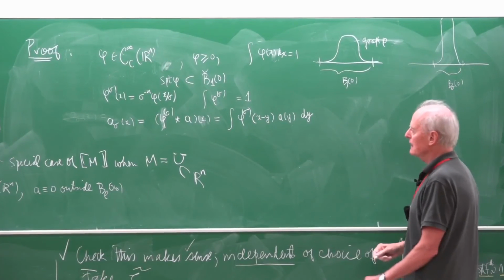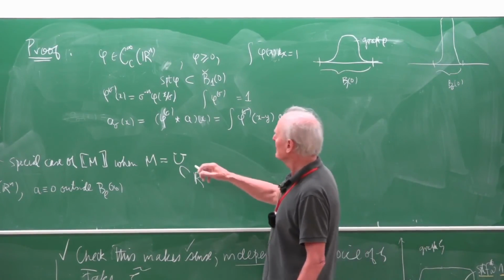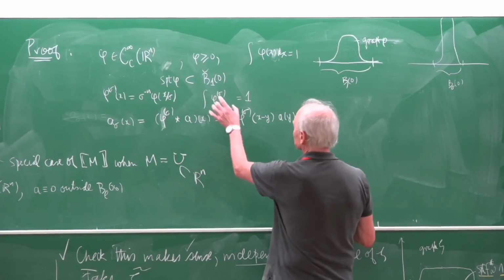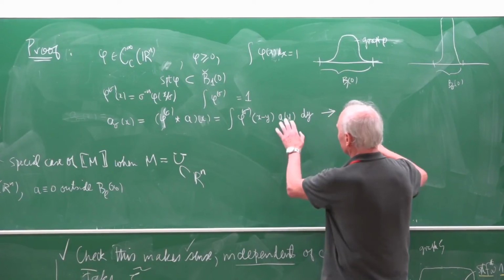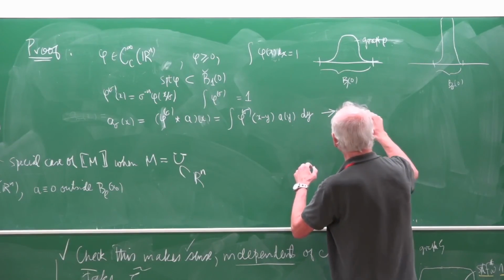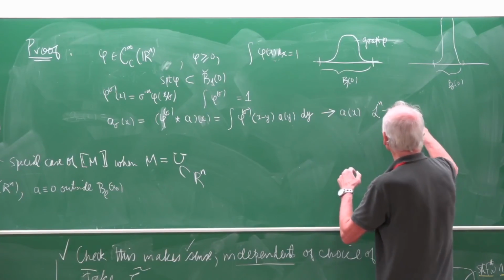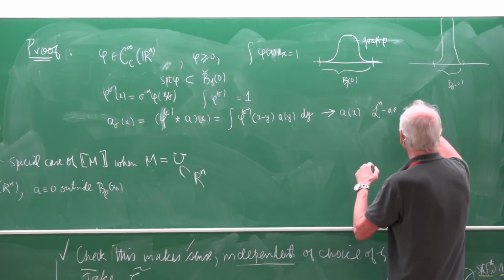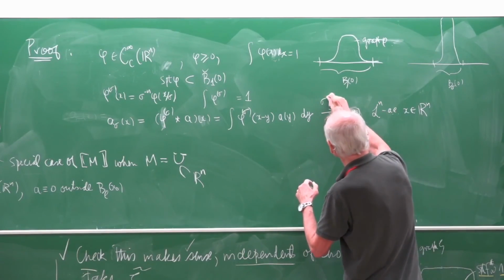And notice that is indeed a C infinity function. Since the integral is equal to 1, it's very easy to check that, even though A is only L1, this converges to A of x for almost every x in Rn, as sigma goes down to 0.